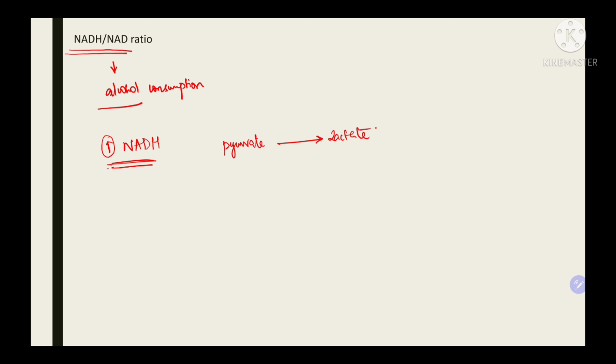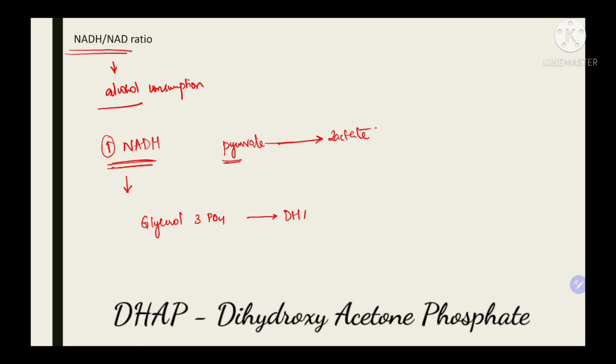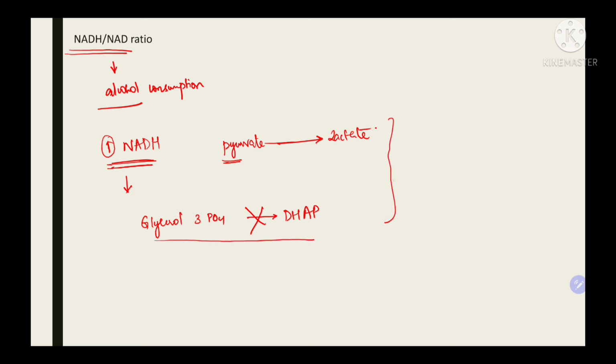All the NADH gets utilized in this reaction, and increased NADH also inhibits the conversion of glycerol 3-phosphate to DHAP. Overall, this creates a hypoglycemic condition, thereby decreasing gluconeogenesis. This is how the NADH by NAD ratio regulates gluconeogenesis.